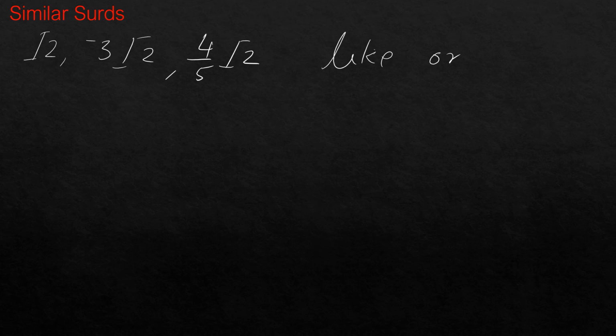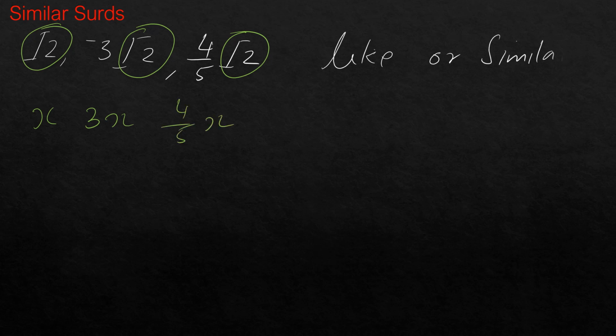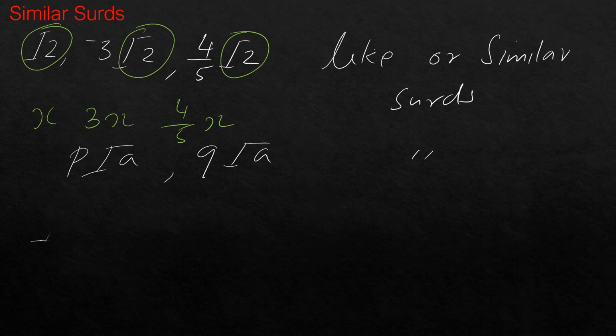What I am trying to show here is all these have root 2, root 2, root 2, just like x, 3x, 4 upon 5x. So they are like or similar surds. That is one concept of similar surds. This is just like pth root of a, qth root of a, which means they are also similar surds.